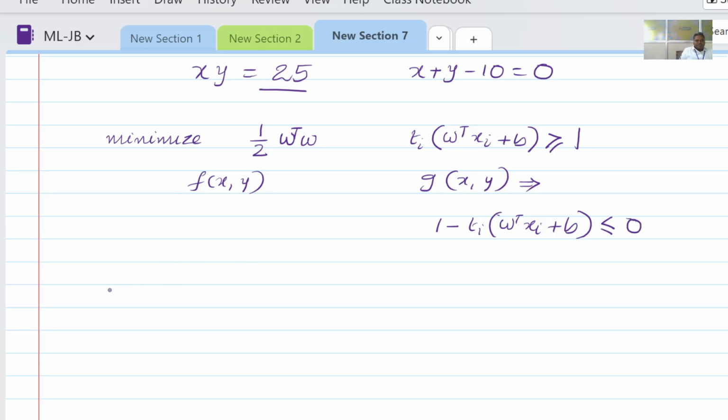So in the Lagrangian formulation, we want to find w and b for these conditions.